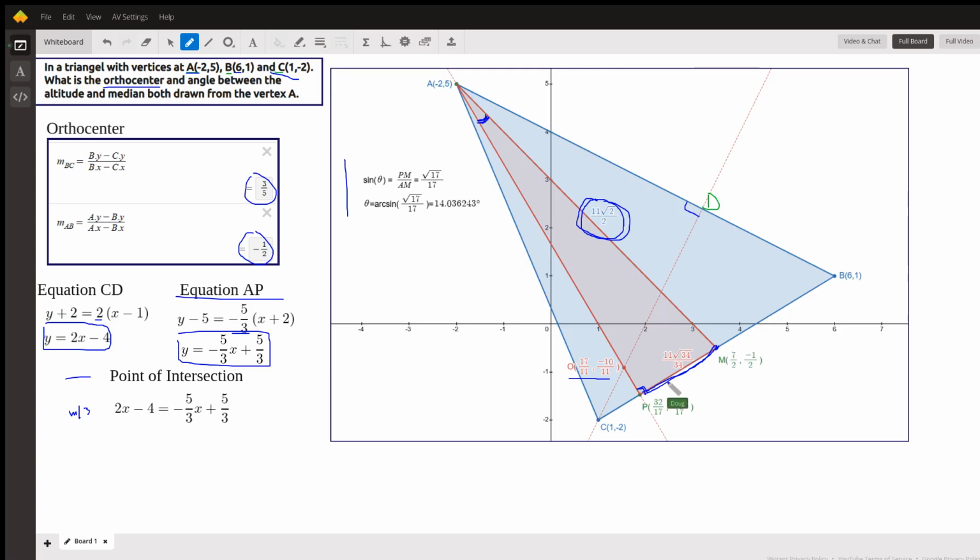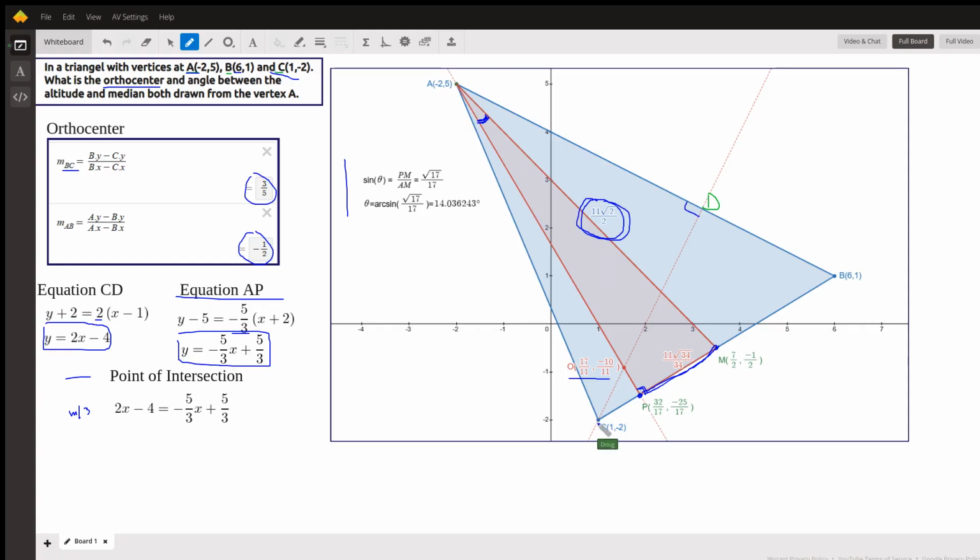Before you can find the length of PM, you actually have to find the coordinates of P. And so you need to find the equation of BC. Well, you already know the slope of BC. So it's y plus 2 equals 3/5 times the quantity x minus 1.